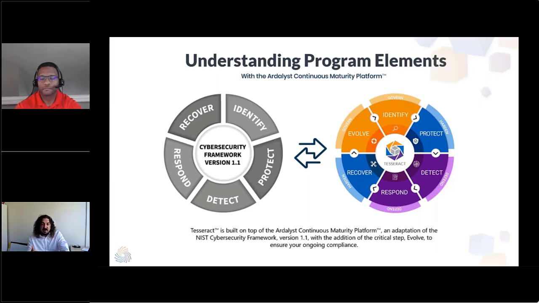So making sure that we identify and evolve our business requirements, protect our systems and recover in the case of an incident or a security event, and then make sure we're doing the work to detect and respond to adversary activities, so security events, but also, just as importantly, in an ongoing compliance environment, how well are our security controls working? Are we going to pass the next certification? Are the processes that we put in place between your organization and our support working?